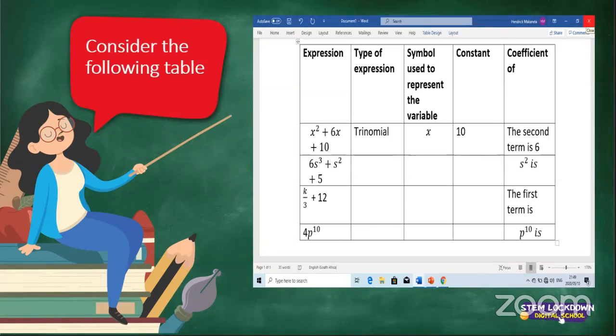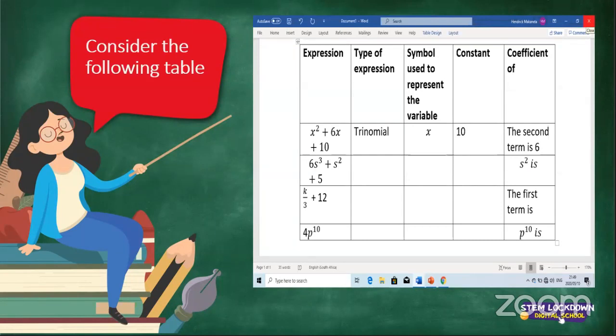Now, this is what I wanted us to do as far as the algebraic expressions are concerned. And this was just the beginning of algebraic expressions, the lesson that we just started in week 7, if you look at your annual teaching plan. And this was just the basic introduction to algebraic expressions.